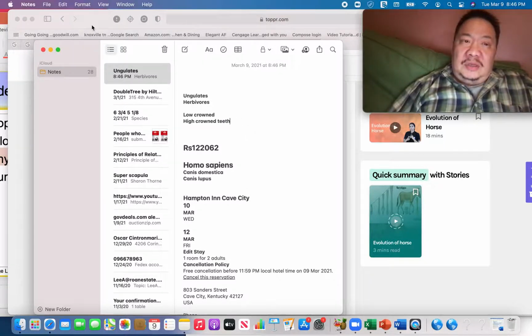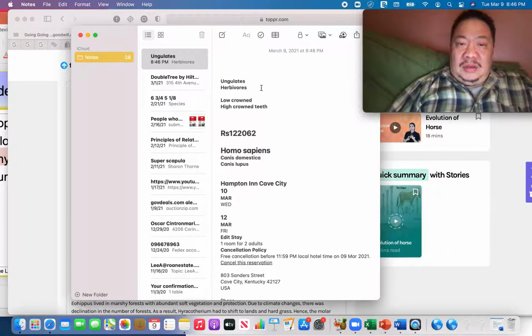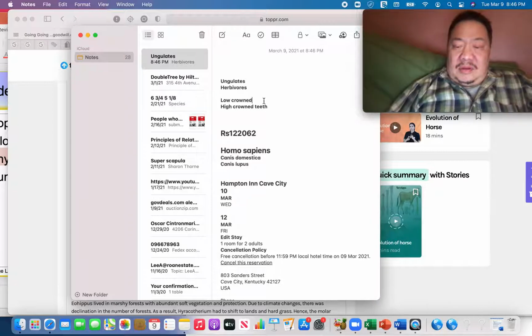What's the difference? Well, low crown teeth are like this, small and delicate with lots of crenulations. And herbivore ungulates who have low crown teeth are a type of mammal called a browser.